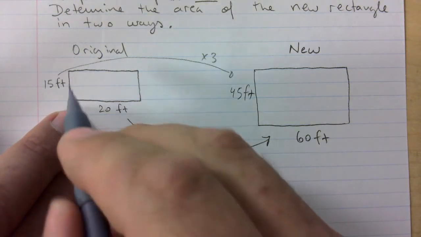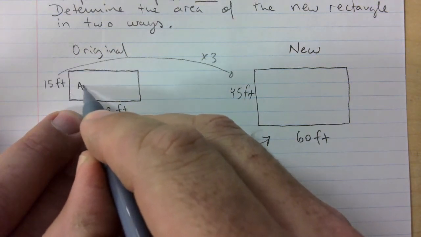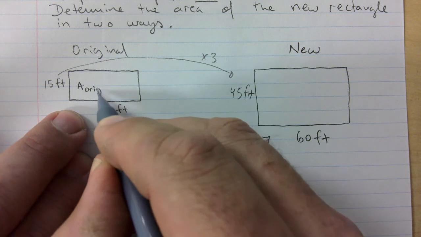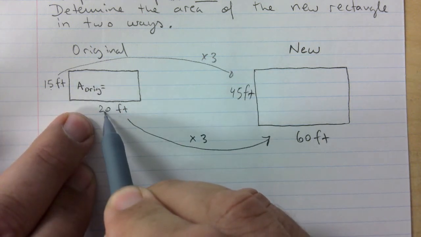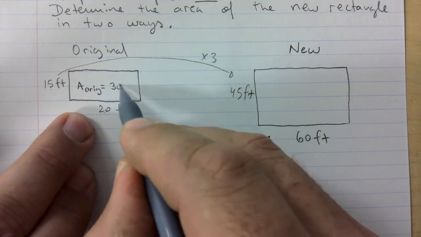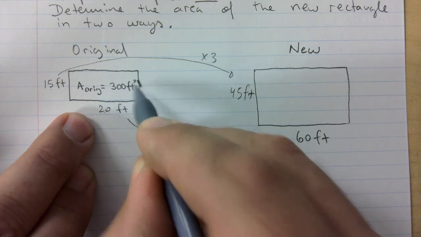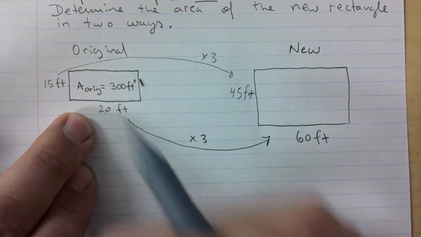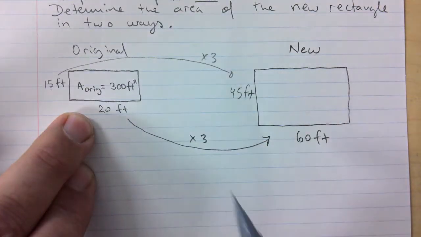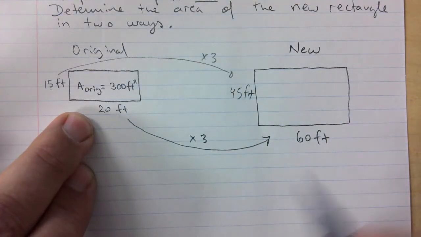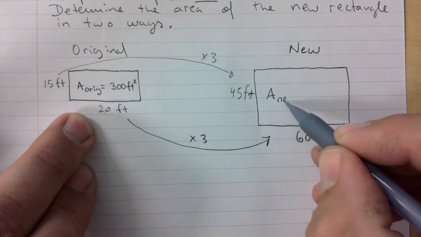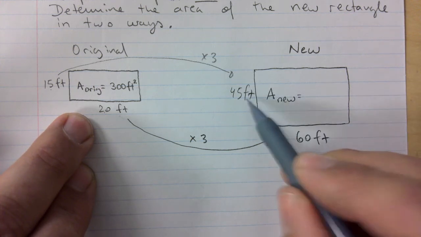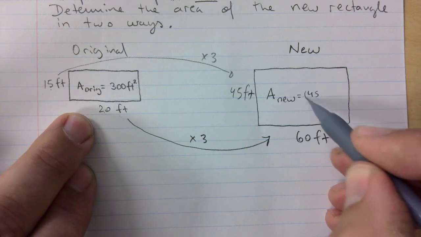Let's look at the area of this one. Area of the original would be 15 times 20, and so that is 300 square feet. Put the 300 square feet. What is the area of the new shape? It's 45 times 60.